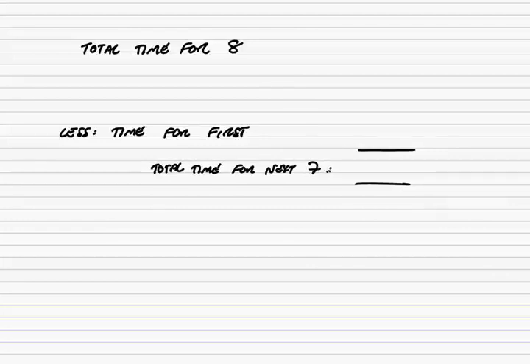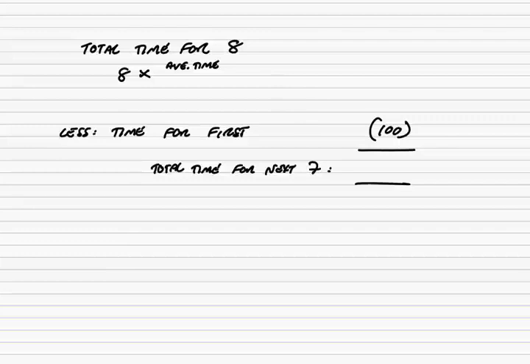Well, the time for the first, obviously we're given it's 100 hours. The total time for 8, well, as I hope I've already made clear, you can never write it straight down. It's always 8 times the average time.